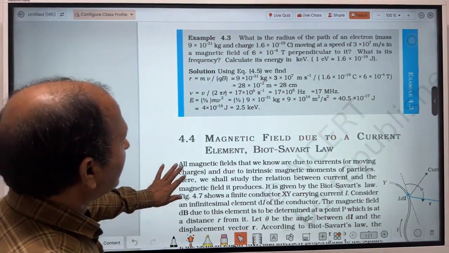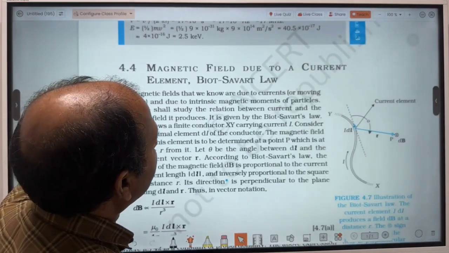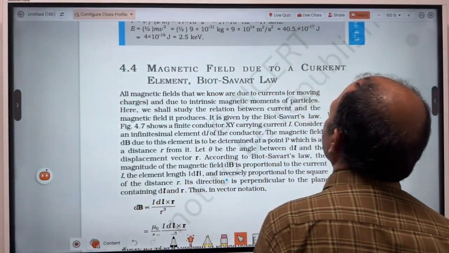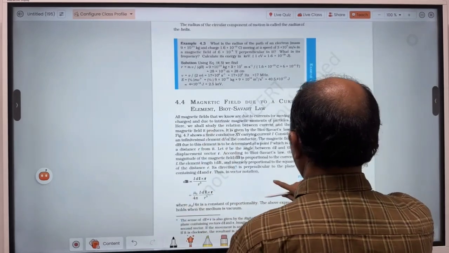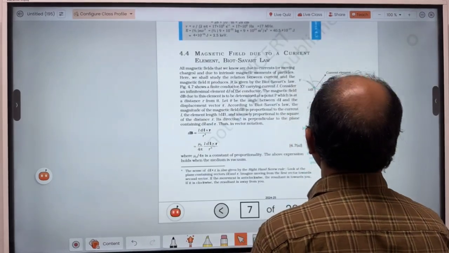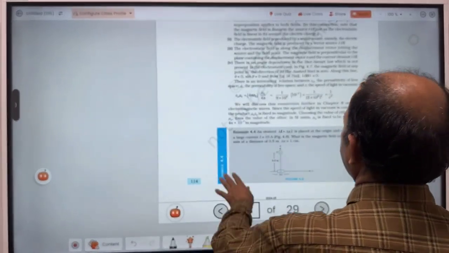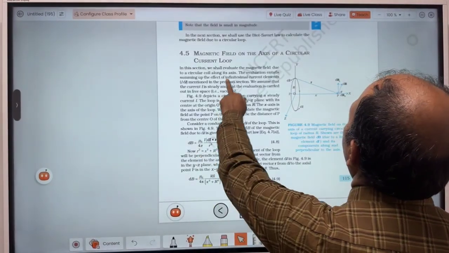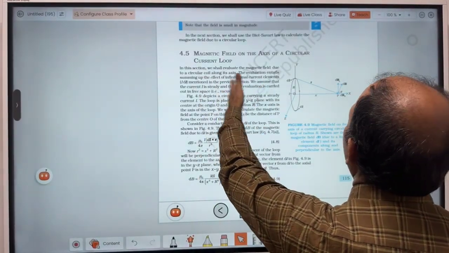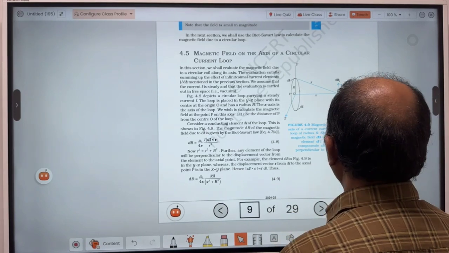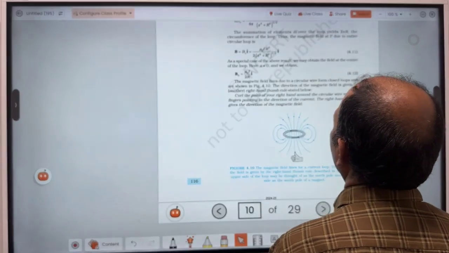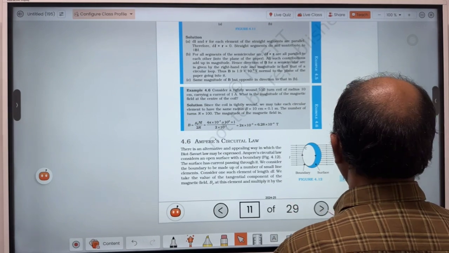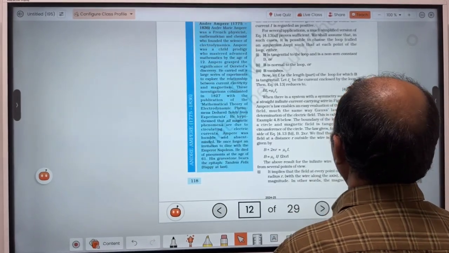We will continue with the next concepts: magnetic field due to a current element, Biot-Savart's law, and after that we will see the application of Biot-Savart law, the magnetic field on the axis of a circular current loop. By using Biot-Savart law we can evaluate it. Then Ampere's Circuital law we will study.